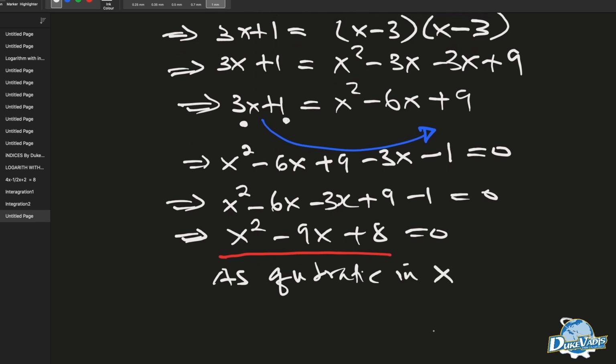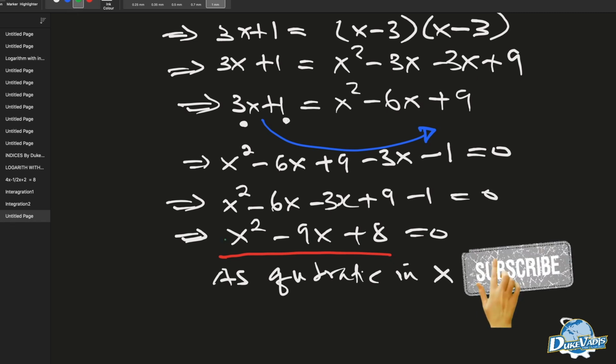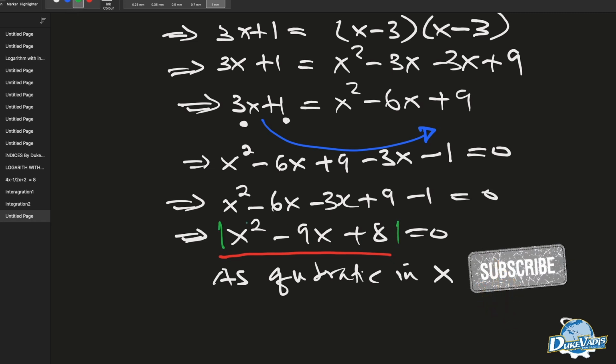Now we have to solve this equation. And how do we go about it? As it is in the form of a quadratic, we can use the almighty quadratic formula to solve this. And what is the almighty quadratic formula?